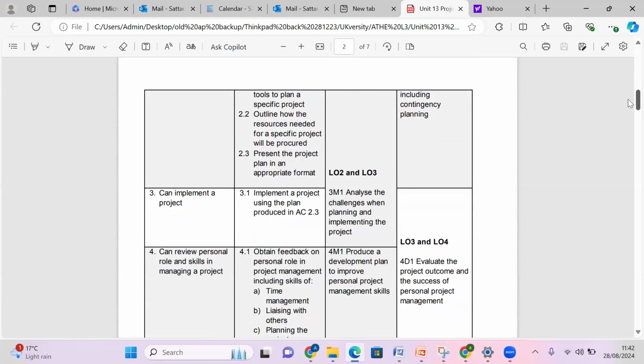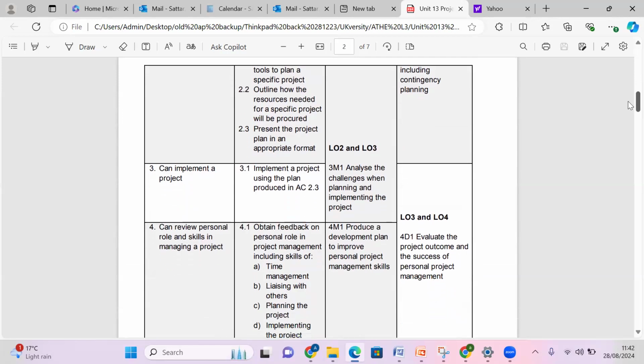Lesson three will go through LO3, how we can implement a project. They are quite linked with each other. I'll show you Microsoft Word, Microsoft PowerPoint and Microsoft Excel, but there is one other program called Microsoft Project.